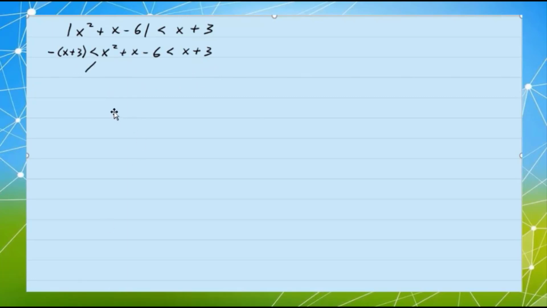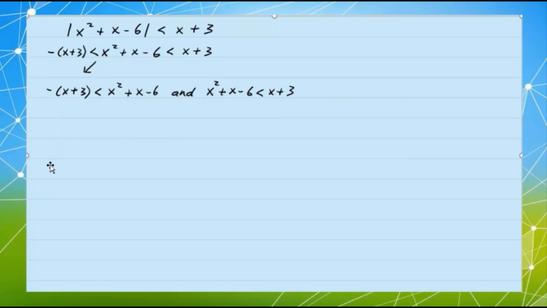Now we separate the inequality into two. First one is negative x plus 3 less than x power 2 plus x minus 6. And the second one is x power 2 plus x minus 6 is less than x plus 3.